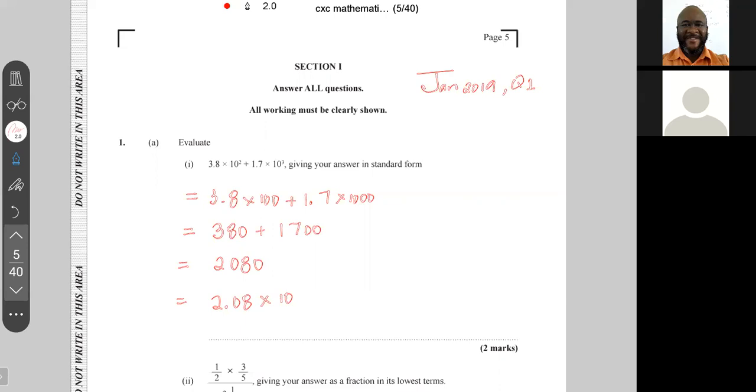Now, the power is the number of times you move the decimal point from where it is to where it is now. The decimal point was here. You have to move it 1, 2, 3 times. So the power is 3. So the final answer here is 2.08 times 10 to the third.